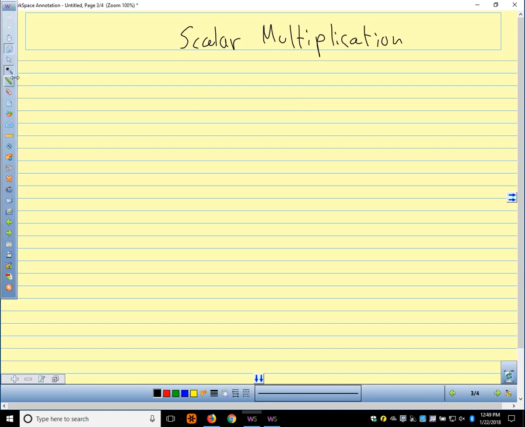Scalar just means a real number. So C is a real number. So C times A just means multiply every element by C.